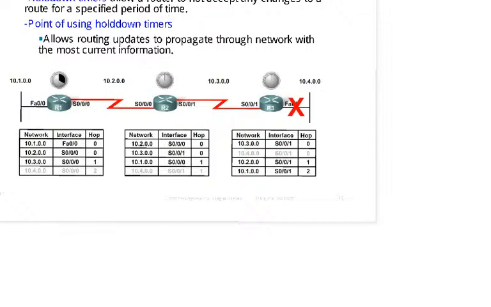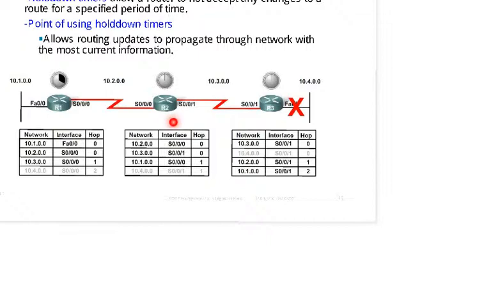When I update router 2 that this entry is frozen, router 2 will start what we call a hold down timer. During that hold down timer, it will not accept any route update for that destination. So if it receives any route update from router 1 that, by the way, I have a route to this destination network with a hop count of 2, I will not accept it.